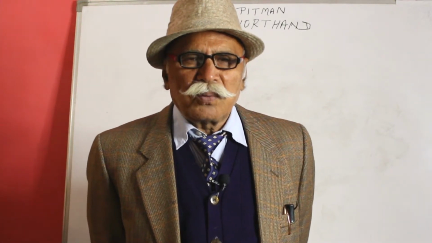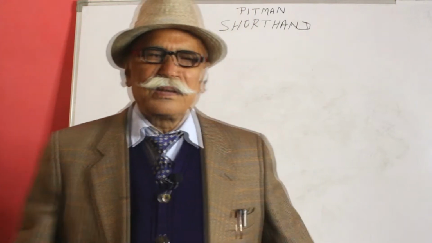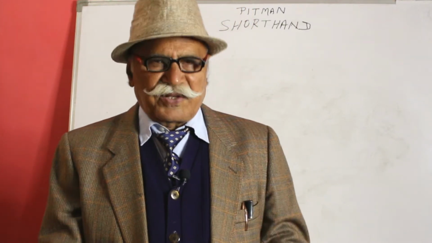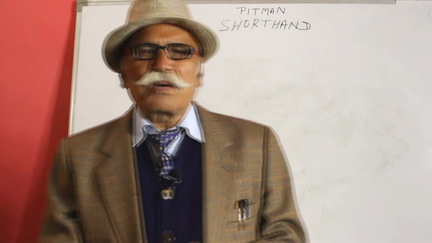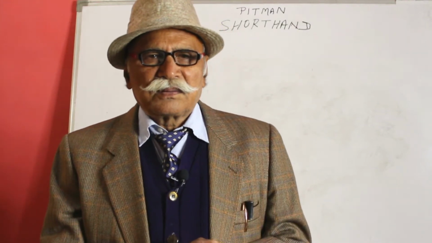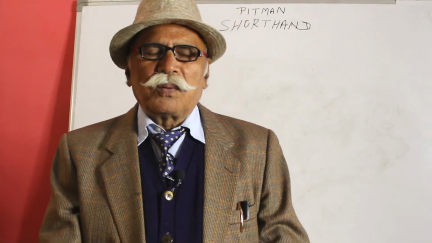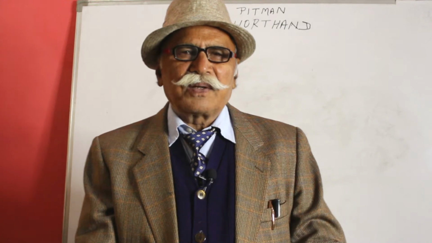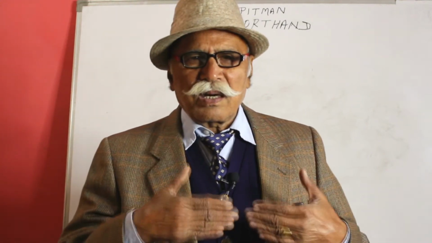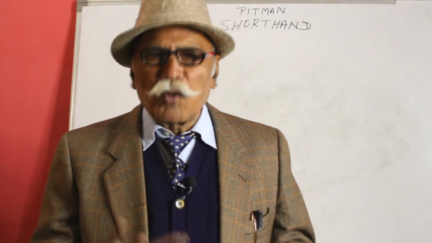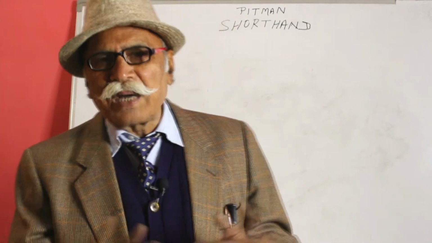Today I will go for alternative forms of R and H. In fact, R is not called R, it is called R, and H is called H. So, I will tell you the alternative forms of R and H. Alternate means when a thing is used more than one time, then it is called alternative form.